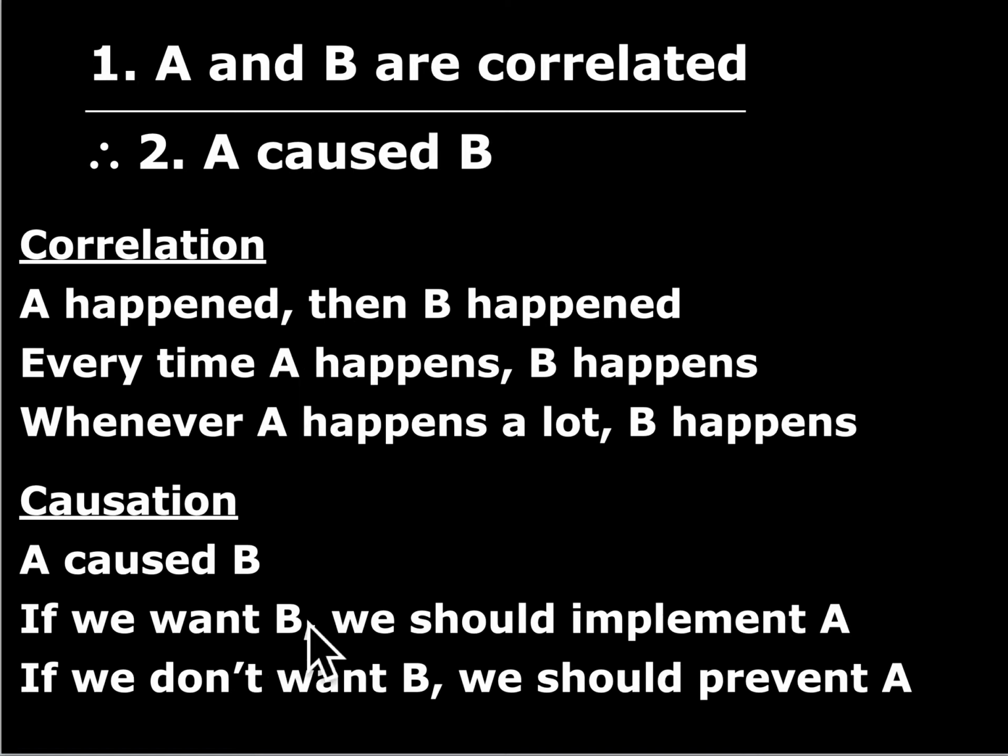So if we want a booming economy, we should elect someone from Party X. If we don't want B, then we should prevent A. So if I say every time we elect someone from Party X, we have a recession, if we don't want a recession, we should not elect Party X. So that's usually how these things are expressed.